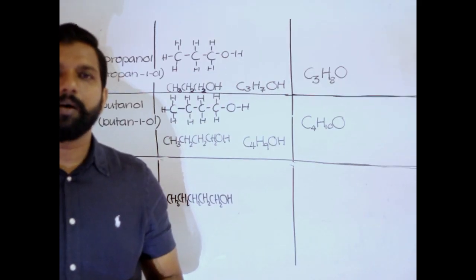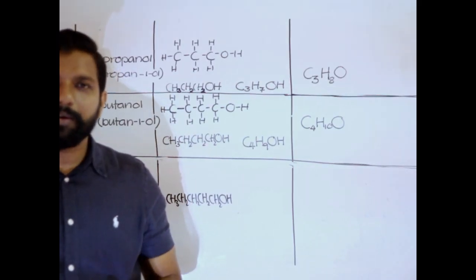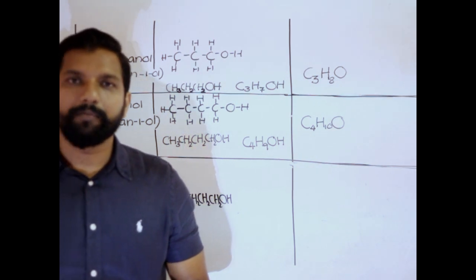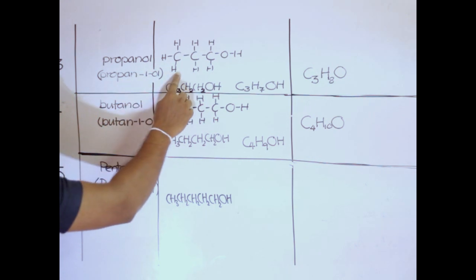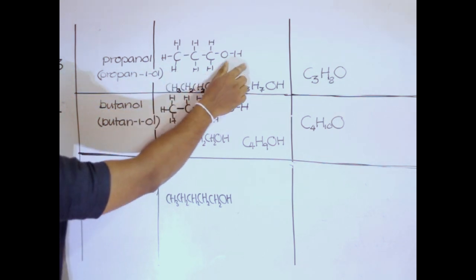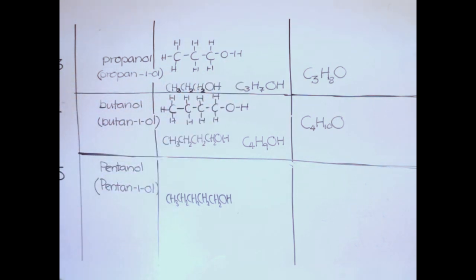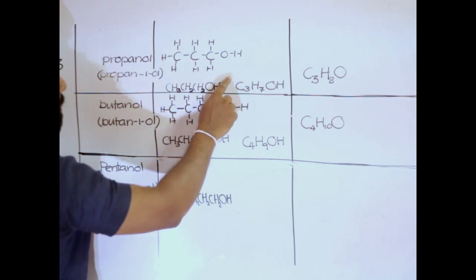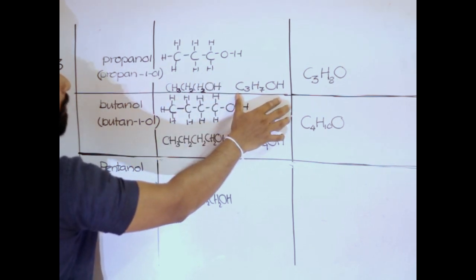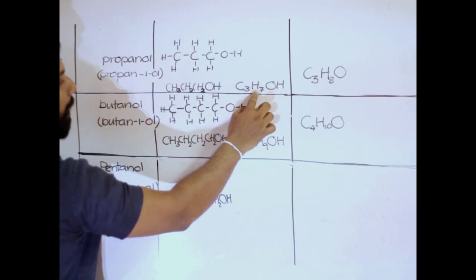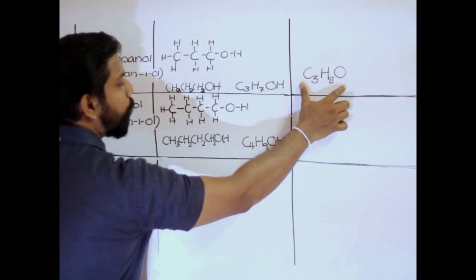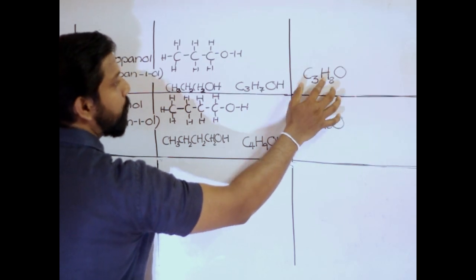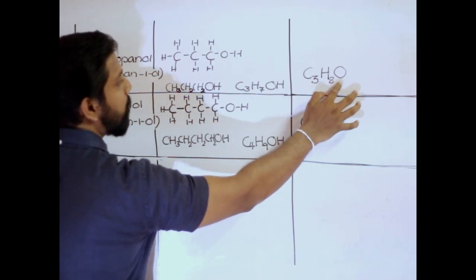Let's see how the general formula of alcohols is derived. Here we have propanol with 3 carbon atoms and the OH group. When we condense that, we get C3H7OH. We can write the molecular formula condensing everything, so you get C3H8O.